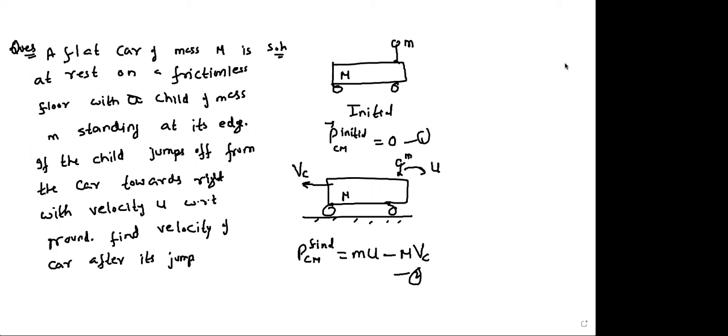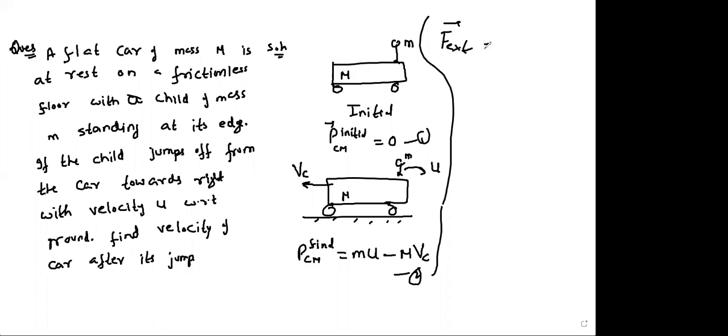Now check this question and tell me, is there any external force acting on the system? Just read the entire statement and see. The system consists of only the car and the child, and the child jumps. The force exerted by the child on the car is internal, no external force.